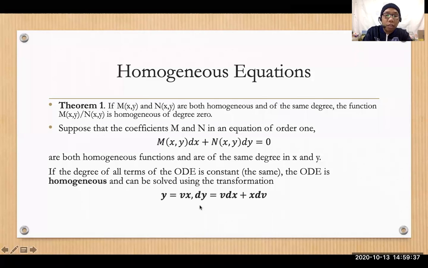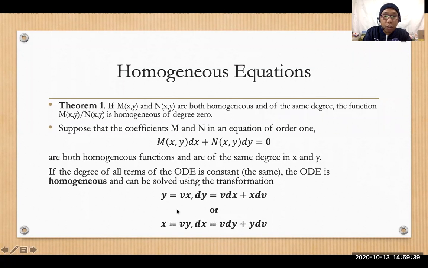Or you can also utilize this transformation. You put x equal to v times y, and then replace your differential dx equal to v dy plus y dv, meaning you have a resulting equation with variables v and y if you use this transformation.